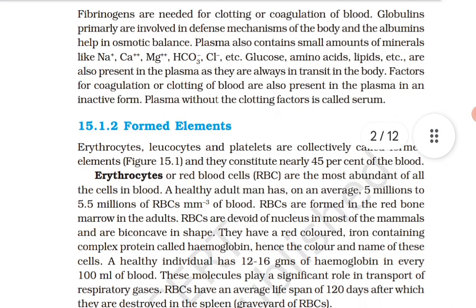Plasma also contains small amounts of minerals like sodium, calcium, magnesium, HCO3 that is bicarbonate, chloride, etc. Glucose, amino acids, lipids, etc. are also present in the plasma as they are always in transit in the body.